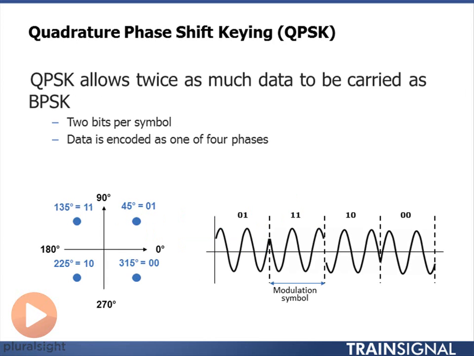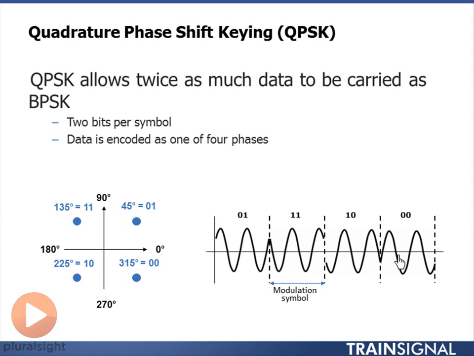Now I can keep going. Instead of having a phase shift of 180 degrees, I can have a phase shift of 90 degrees. Now if I have a phase shift of 90 degrees, you can see therefore that I can come up this way, I can have one coming down, one like this, and then one like this.